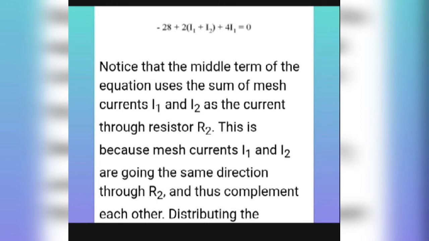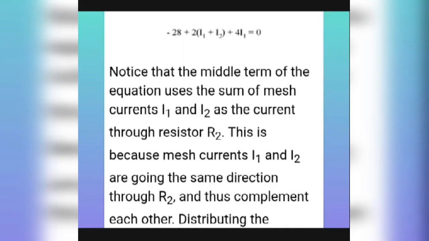Notice that the middle term of the equation uses the sum of mesh currents I1 and I2 as the current through resistor R2.